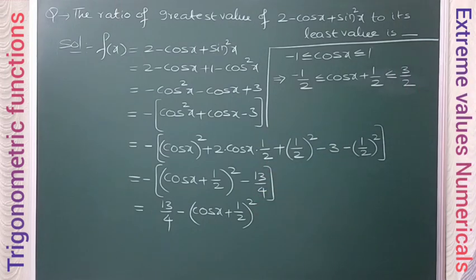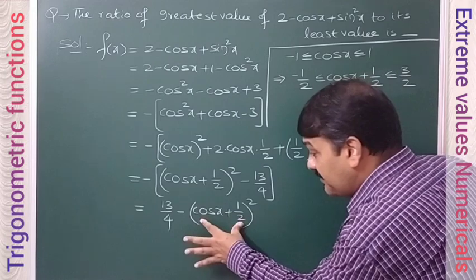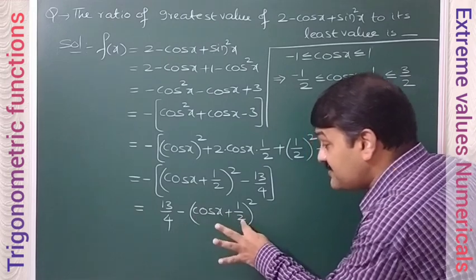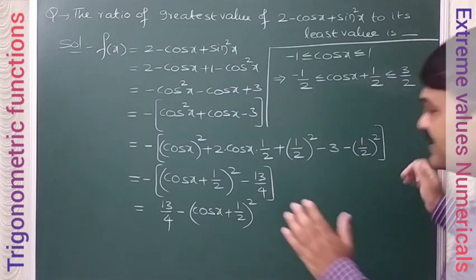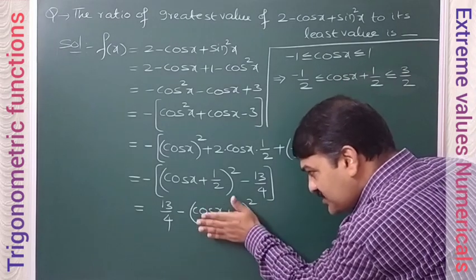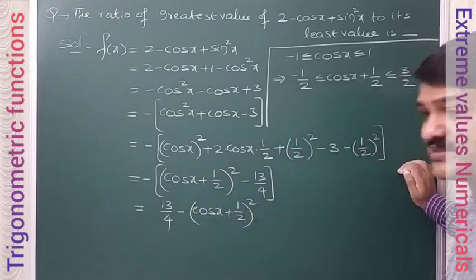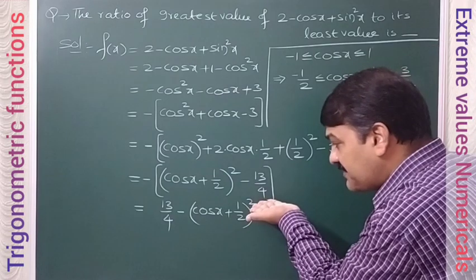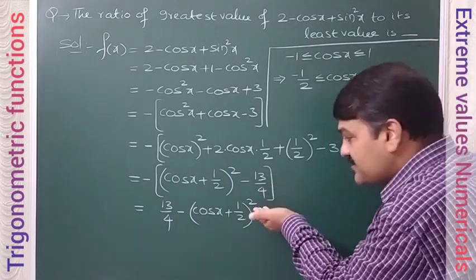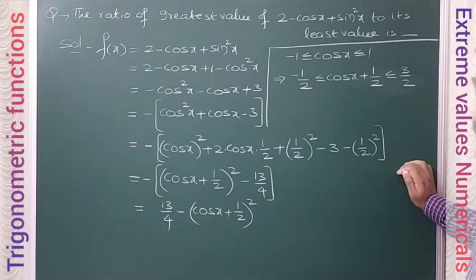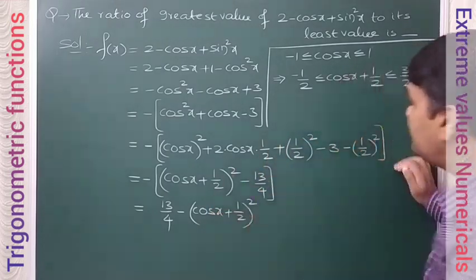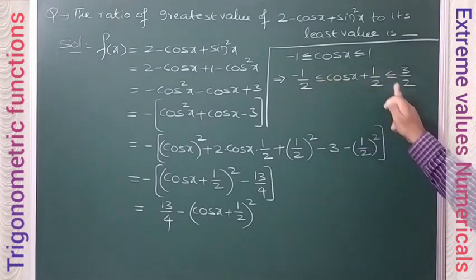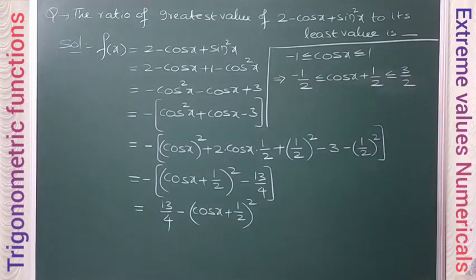The square will be minimum when cos x + 1/2 becomes 0. When it becomes 0 completely, that is the least value because this is a perfect square and it cannot be negative. So 0 is the least value, and cos x + 1/2 can be 0 according to this interval.